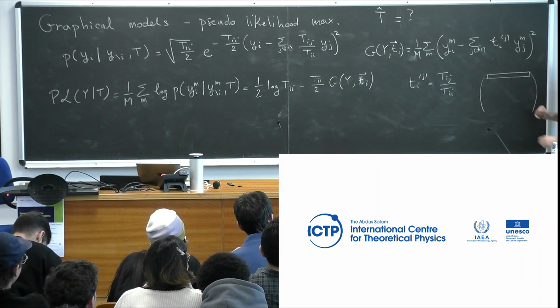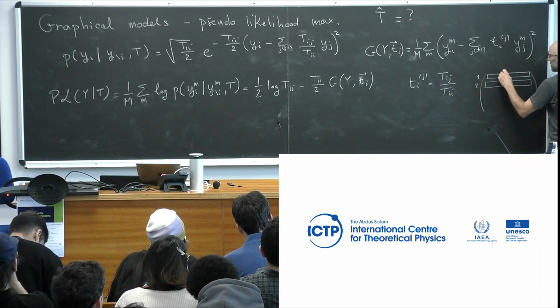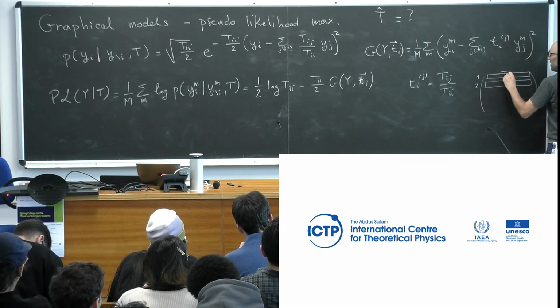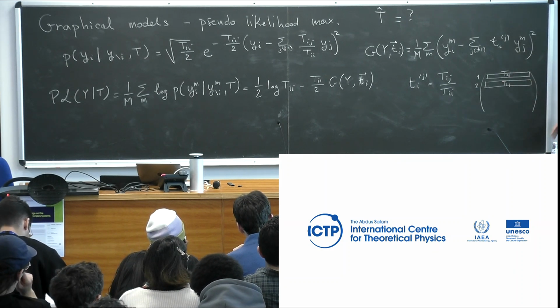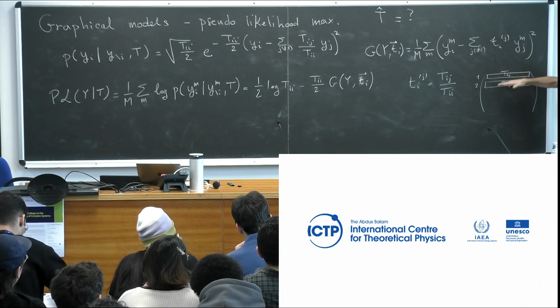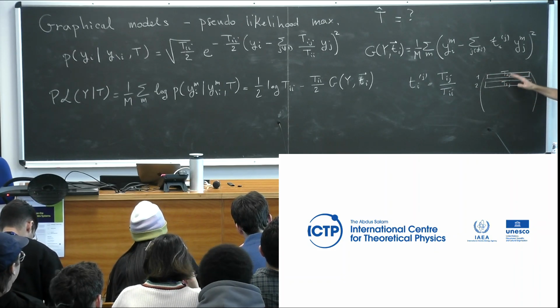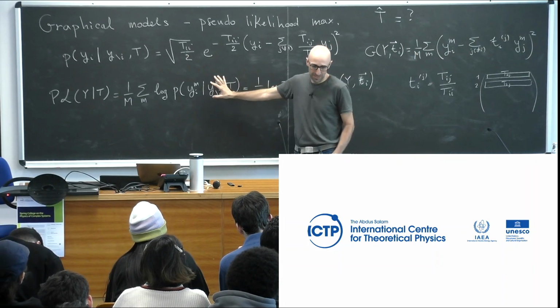So if you do the pseudo likelihood for variable 1, it depends on T1j, and then T2j, and so on and so forth. So what you do when you do pseudo likelihood is that you infer each row independently from the conditional probability.